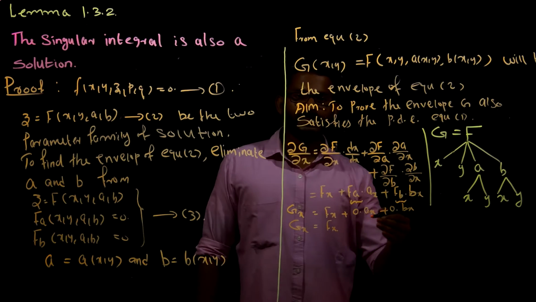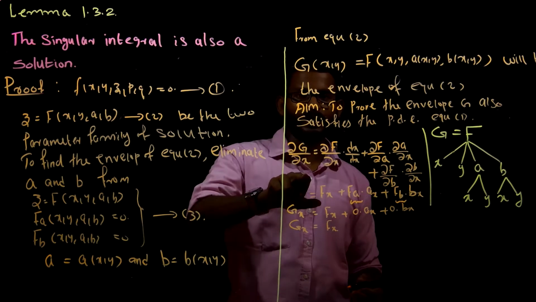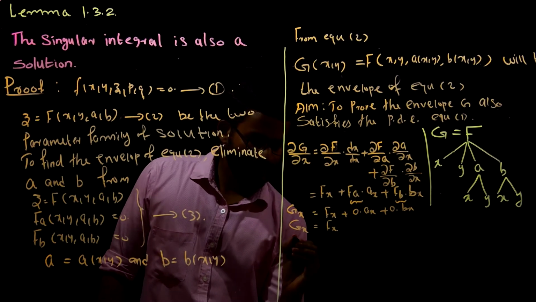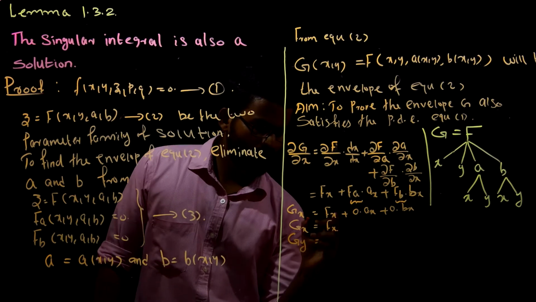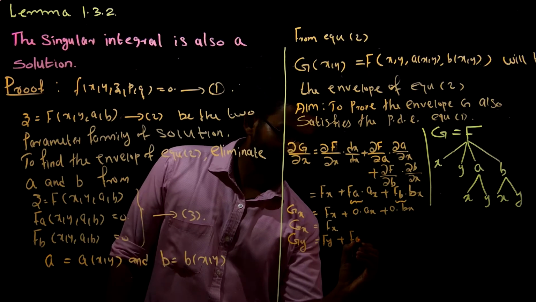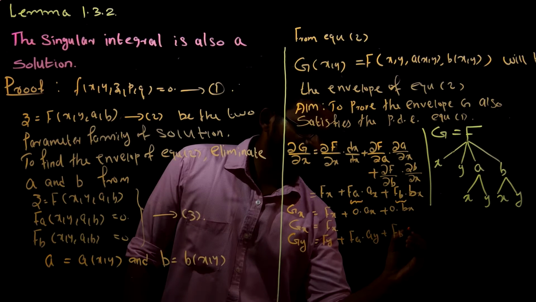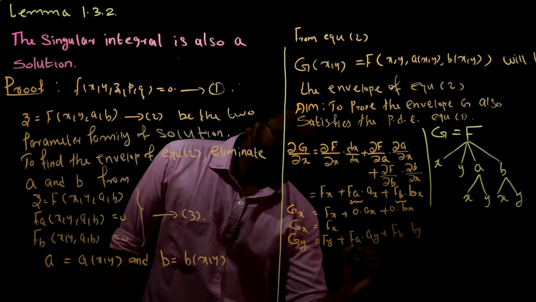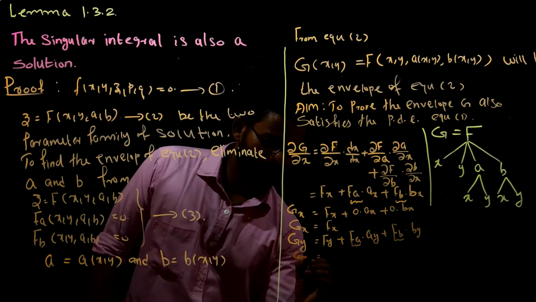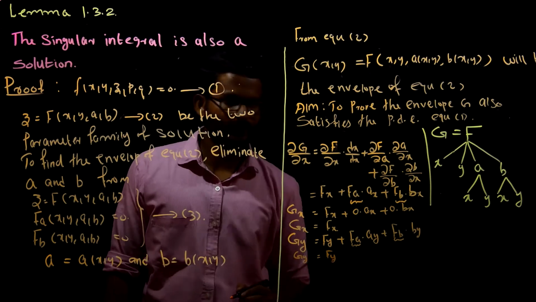Then by the same procedure, differentiate this equation with respect to y, we will get Gy equal to Fy plus Fa into ay plus Fb into by. Since Fa and Fb are 0, this will be Gy is equal to Fy.